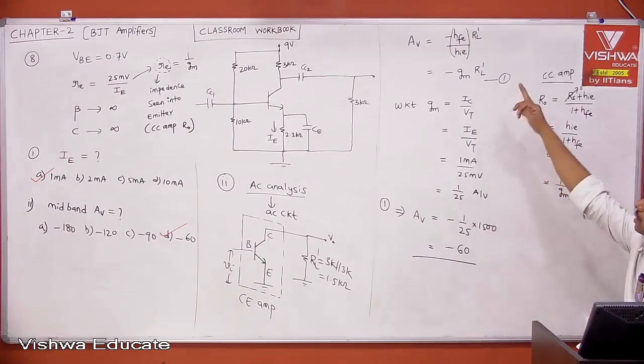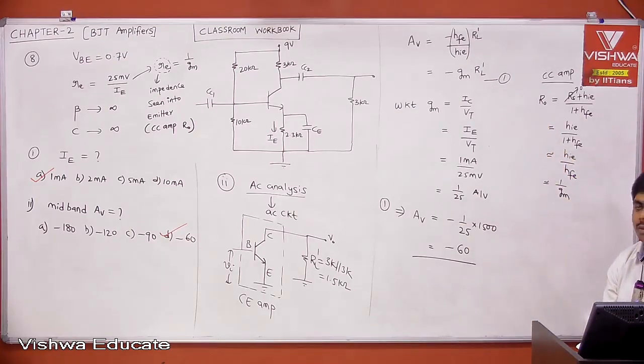I already derived all these things, right? H parameters to gm, and what is gm? From the hybrid pi model to the h parameter model correlation.